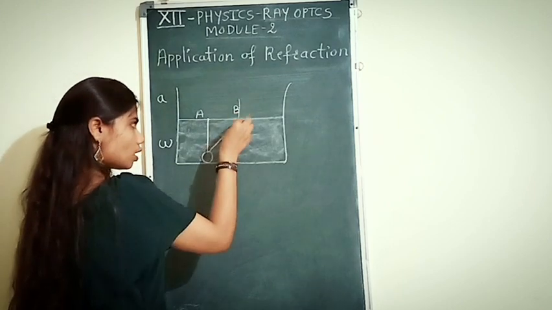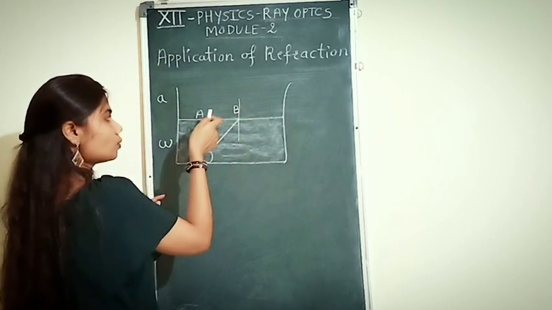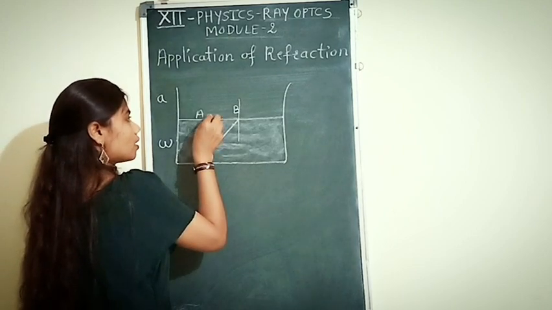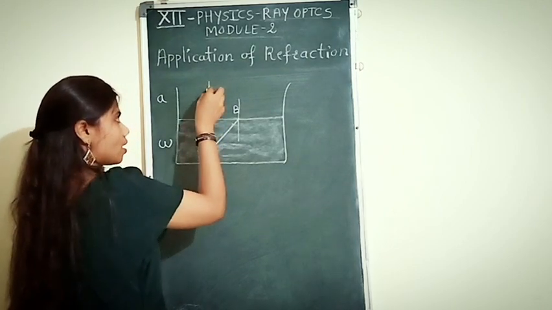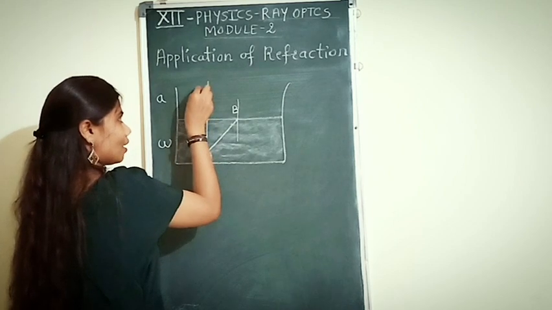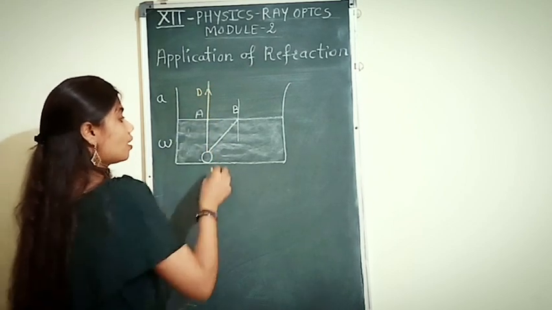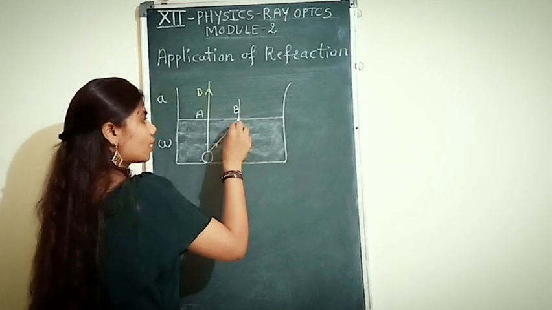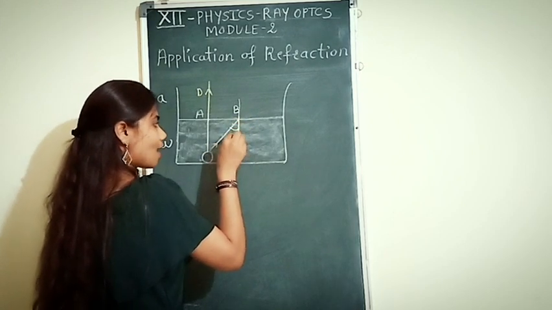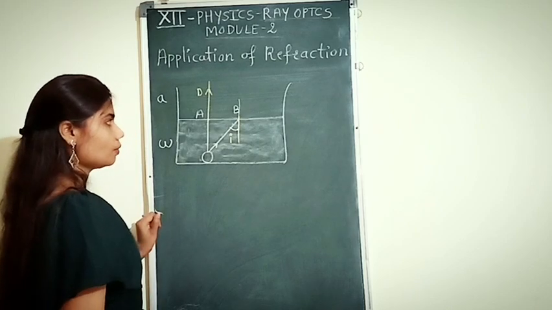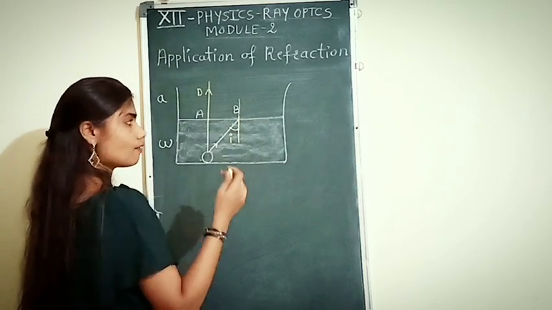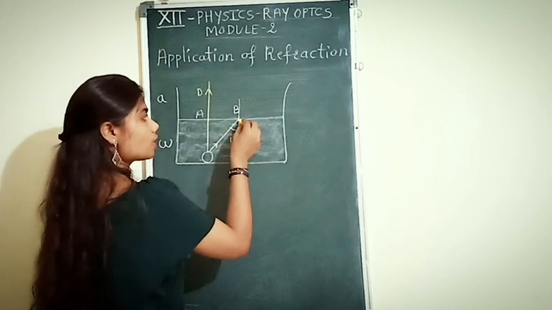If we draw a normal at point B and at point A, we can clearly observe that the incident ray OA is refracted along AD, and the incident ray OB strikes the normal making an angle of incidence I in the denser medium. Now this incident ray OB is traveling from the denser medium to the rarer medium.